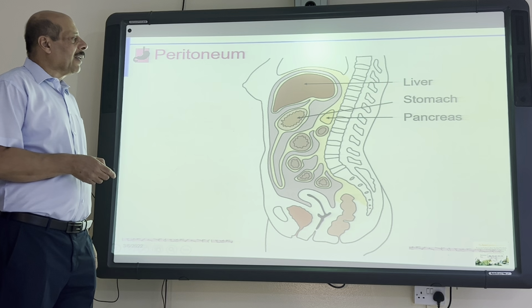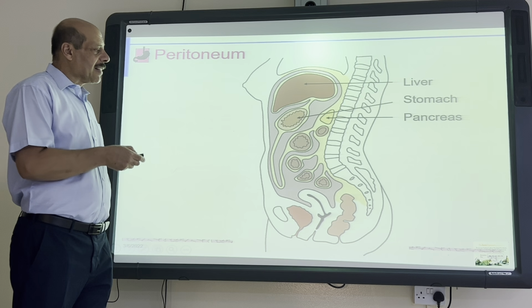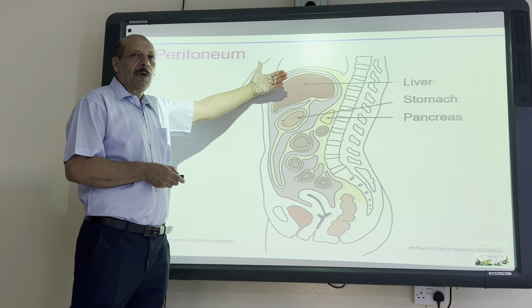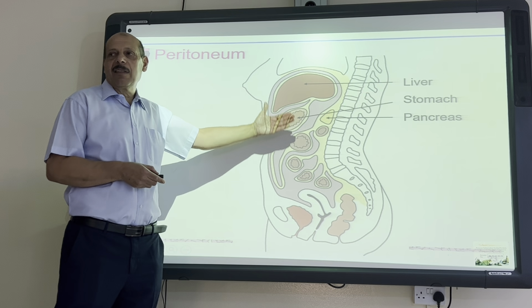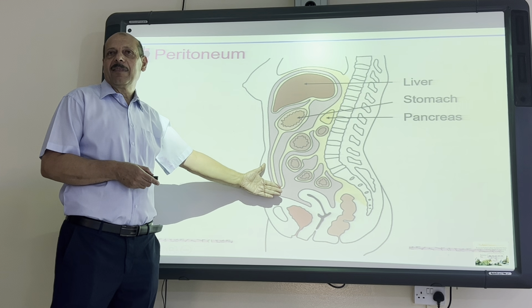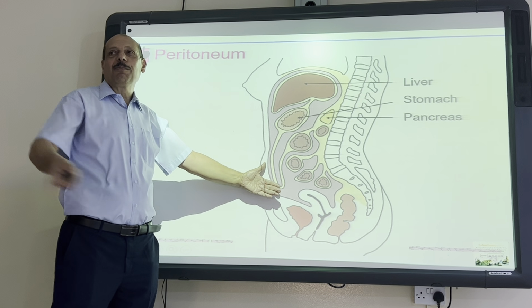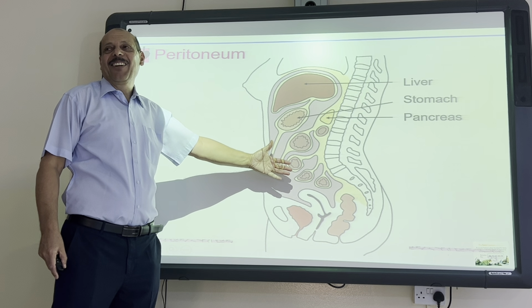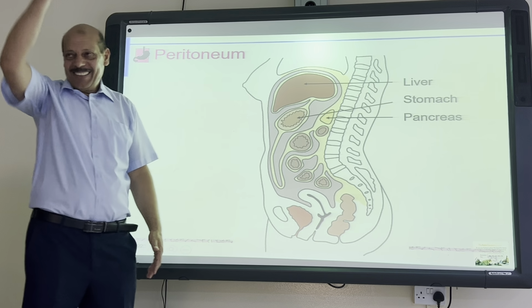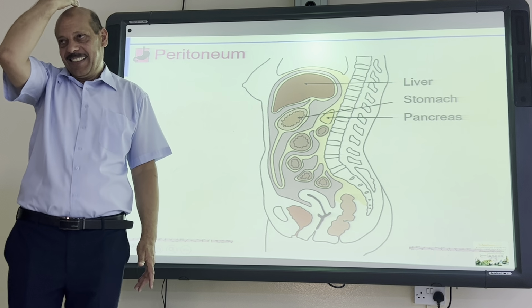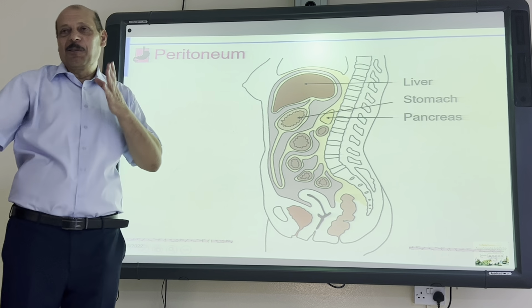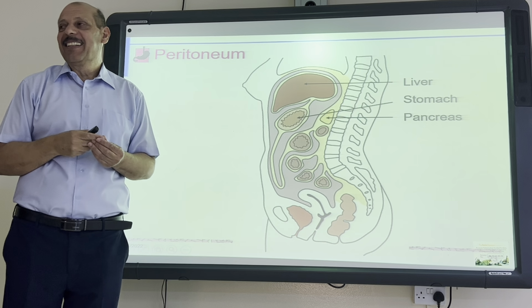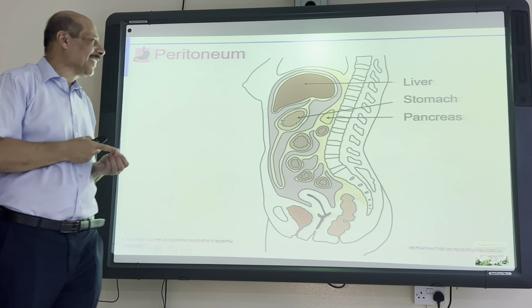Here, the pancreas. What kind of section is this? From the first unit, what do we call this section? Longitudinal section. That cuts the body into two equal parts. Sagittal section, yes.